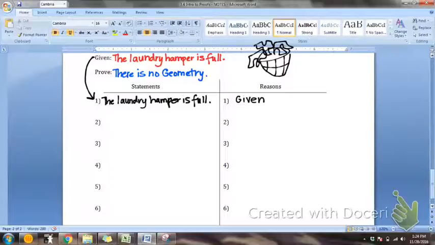Is there anything else I can put into my proof that I know for sure? Number 6, the last one. All right, Crystal's reminding us that the last one is always whatever the proof is. So down here on number 6, we can say there is no geometry. Now, we don't know the reason for the last one, but we do know what the last statement is.